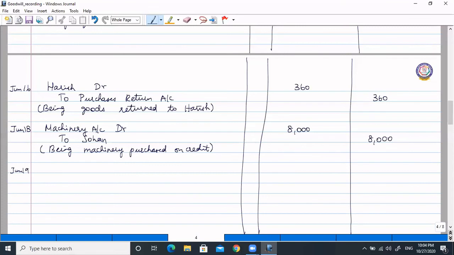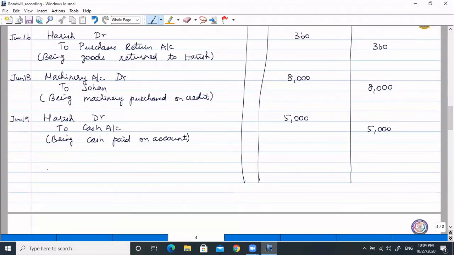So it has to be debited. So Harish debit to, we are paying by cash. So cash also decreases. Asset decrease has to be credited. So 5,000. Being cash paid on account. Okay.